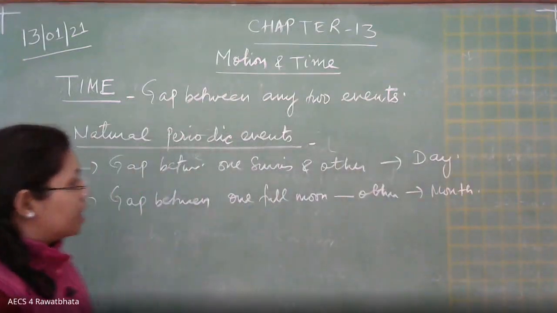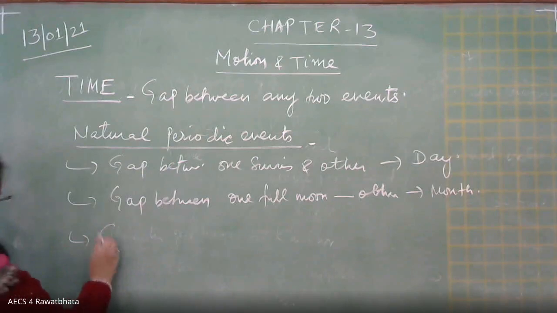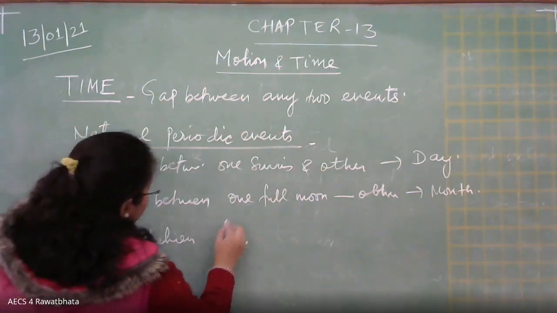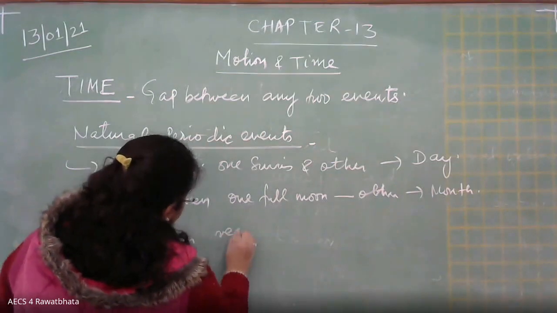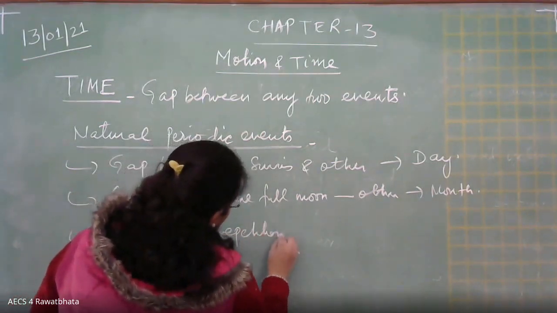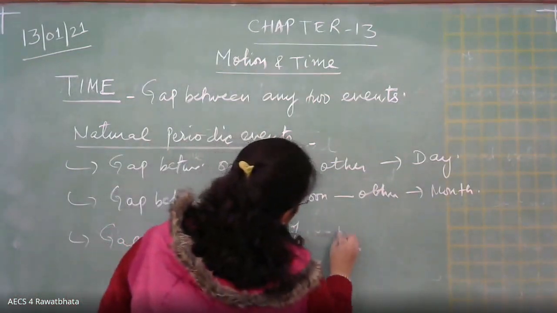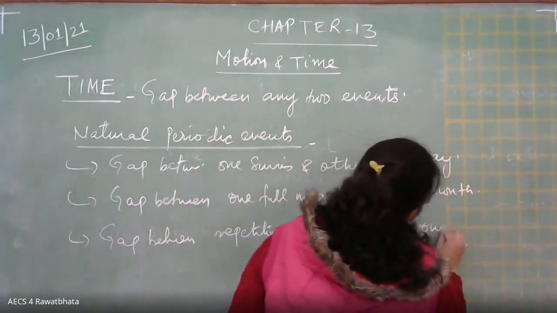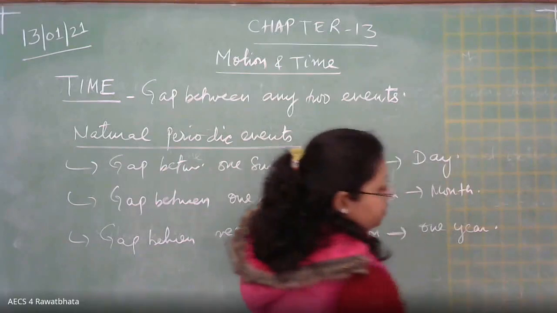In a similar way, the gap between the repetition of a particular season they called 1 year.